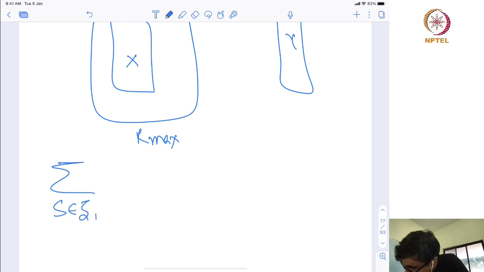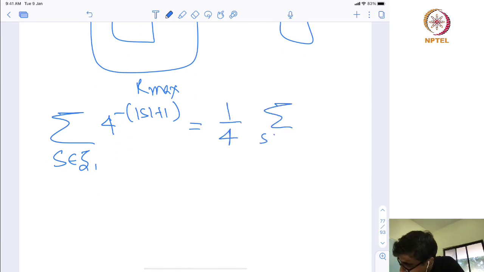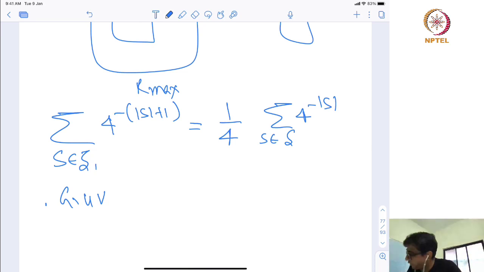Summation over S in S1 of 4 to the power minus |S|, which is equal to 1 by 4 summation over S in S1 of 4 to the power minus |S|. Now notice what happens. First of all, in G minus UV, what is this?